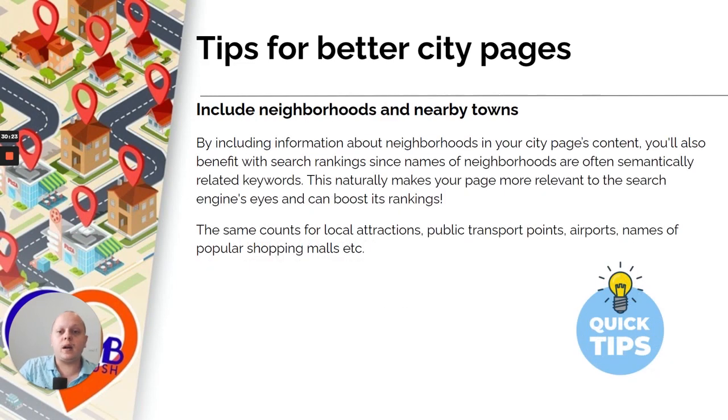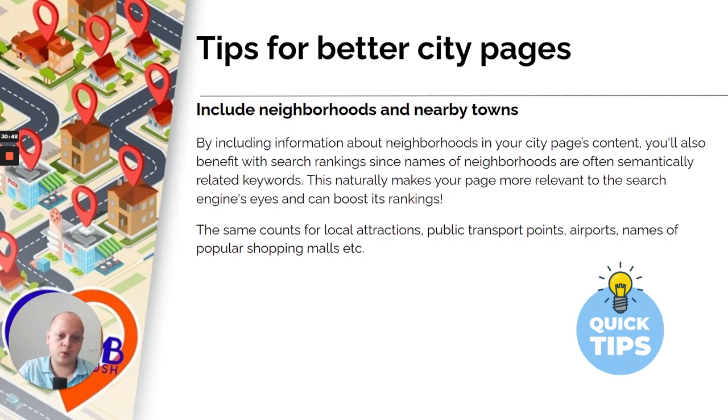Another tip we can give while building your city pages is to include neighborhoods and nearby towns. By including information about neighborhoods in your city page content, you also benefit with search ranking, since the names of the neighborhoods are often semantically related keywords, especially since Google already knows all the neighborhoods and all the postal codes in a certain city.